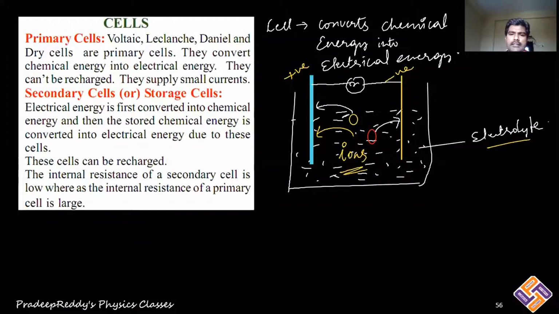As ions are deposited upon these electrodes, there will be electrons also produced in the electrolytic solution. Those electrons will travel from one terminal to the other, resulting in electric current.